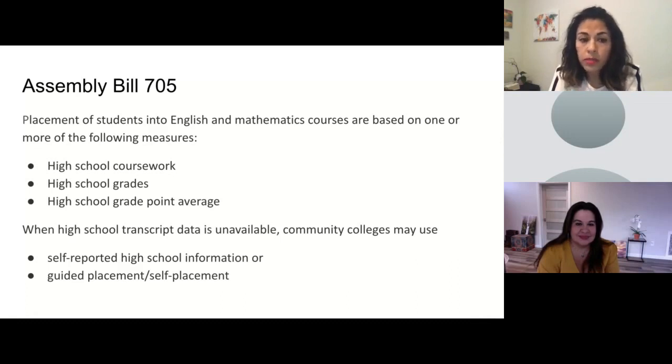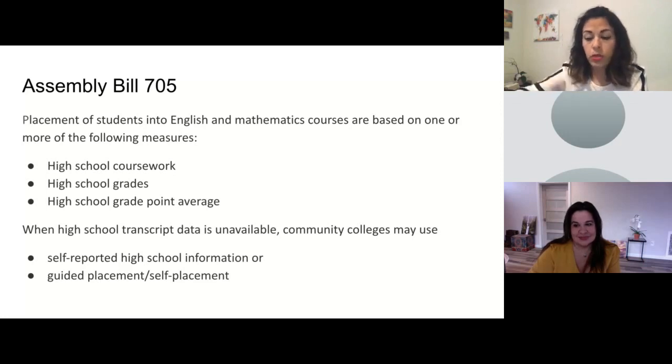Now, one of these measures is enough to place them into transfer level English and math. And when high school transcripts are not available, then they use self-reported high school information, or guided self-placement, or self-placement. And that's how our college started developing this guided self-placement for students who don't have a high school diploma from the U.S. or they don't have a transcript.